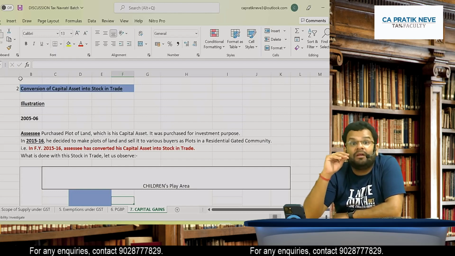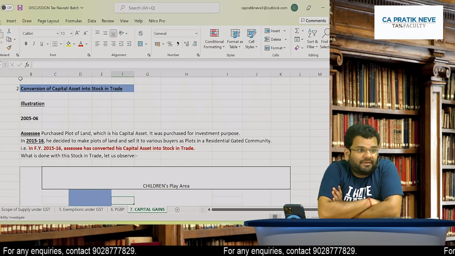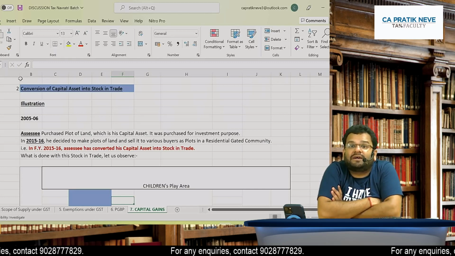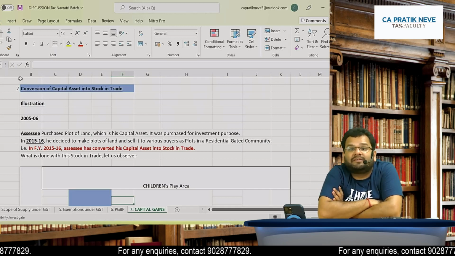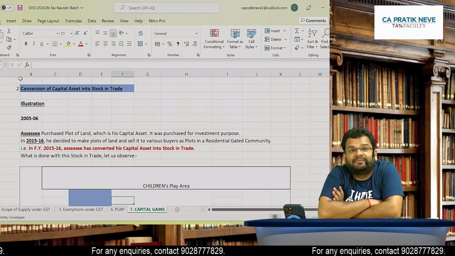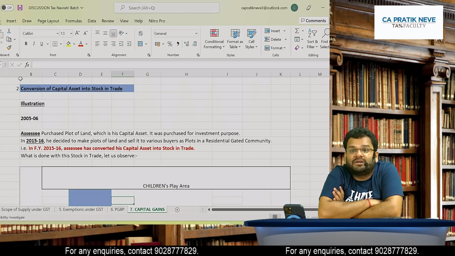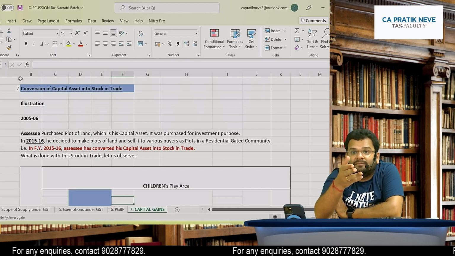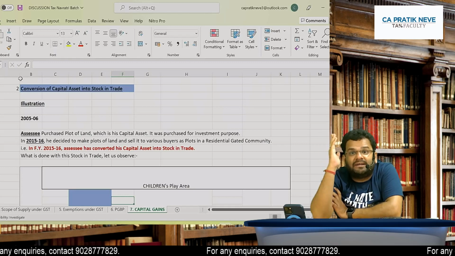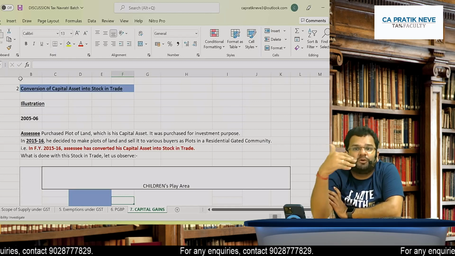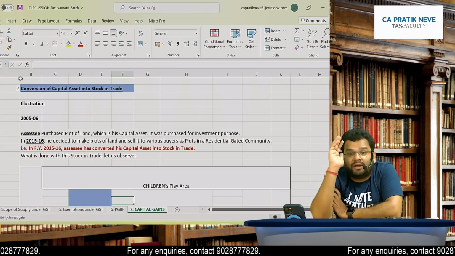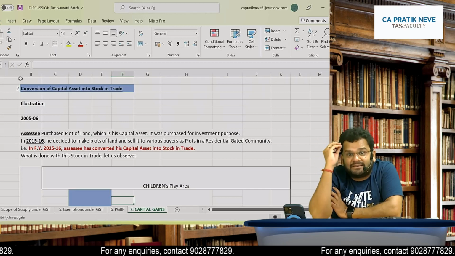Okay, then friends, I did not discuss with you today what the definition of transfer is, but at this point I would like to tell you that transfer includes sale, exchange, relinquishment of an asset, extinguishment of rights, meaning disposal of assets, giving away of rights, exchange of assets, sale of an asset.